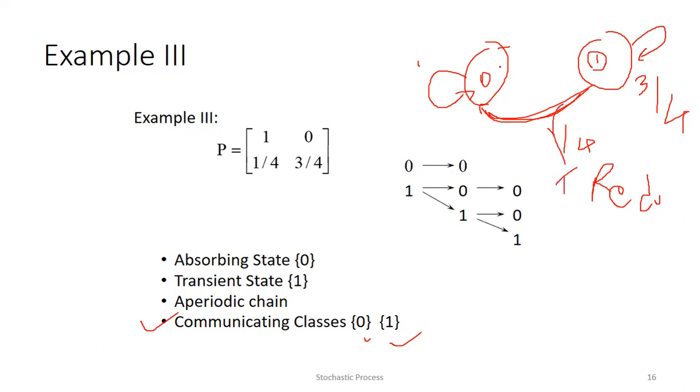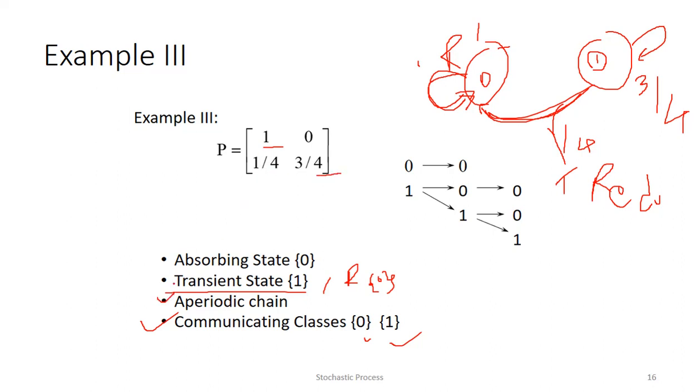If you take the class of 0, there is no communication problem, so it is recurrent or persistent. So 1 is transient and 0 is recurrent. To check aperiodic: the probability of 0 to 0 is greater than 0, and 1 to 1 is also greater than 0, so it is aperiodic.